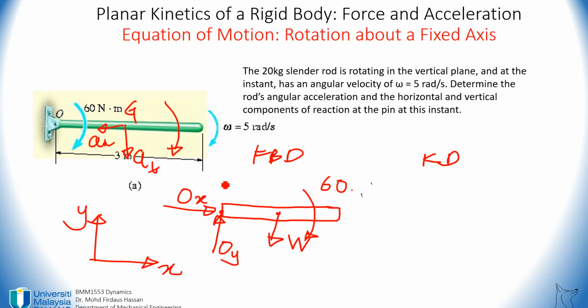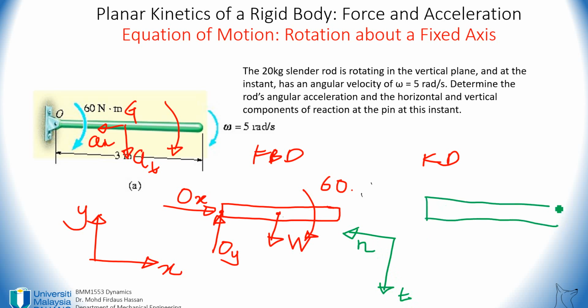Or if you know the direction of rotation, and you know AN and AT, you can simply say that instead of using X and Y, I want to choose the coordinate system T and N, because when I draw the kinetic diagram, I have alpha, and I have AT, and I have AN.